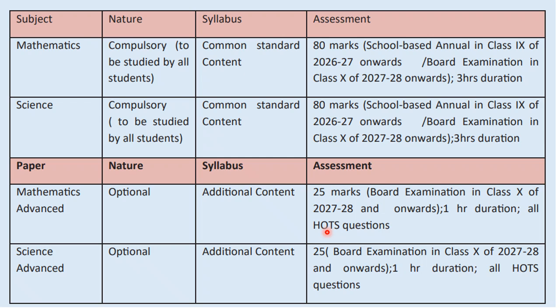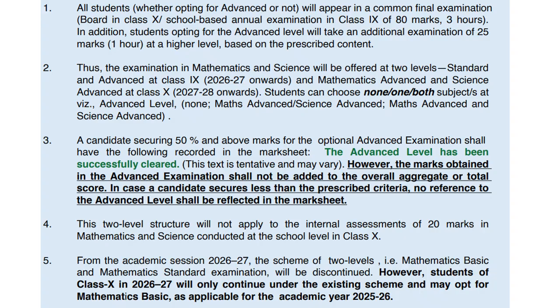You can just attempt that for both math and science. But those marks will not be included in the 80 marks in the mark list. It will be separately given as a certificate to you. Okay, so you can attempt that, no problem. You can prepare and attempt. Then you can see what is your level.